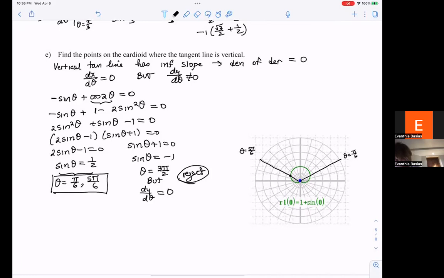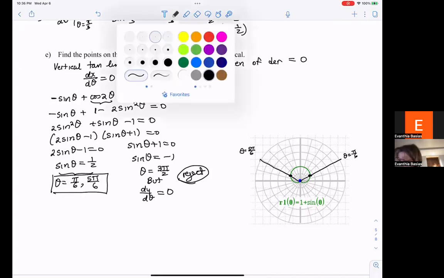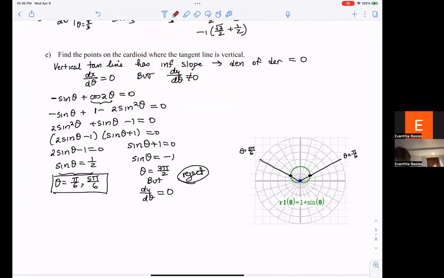The points are here on the cardioid. And notice that at those points, we have 2 vertical tangents. So we're okay.